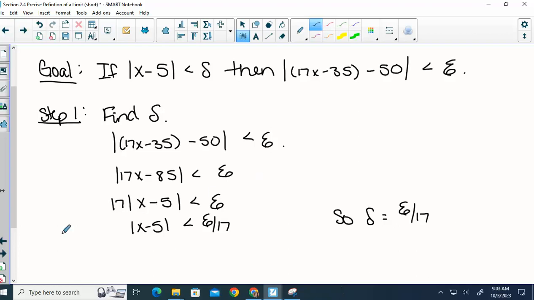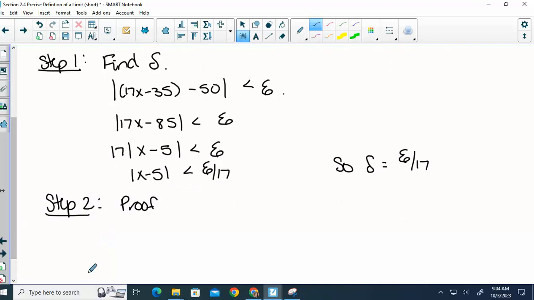What's the second step? The actual proof. Every single time, what has to be the first line of my proof? You have to tell me what delta is. So let delta equal the epsilon over 17.